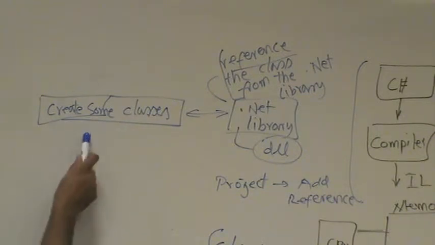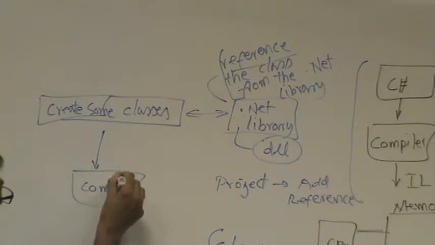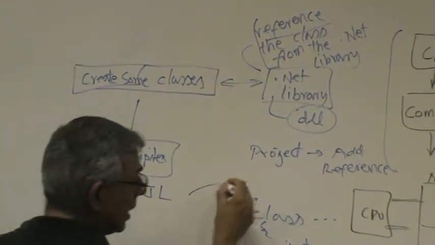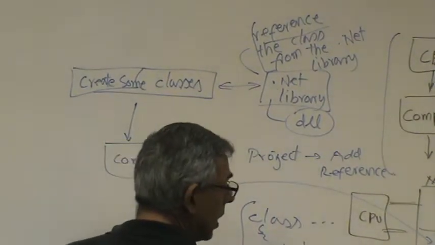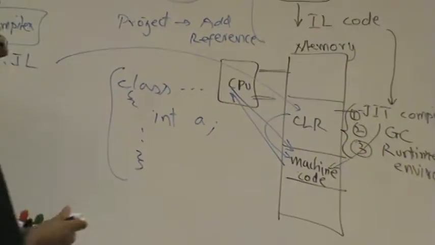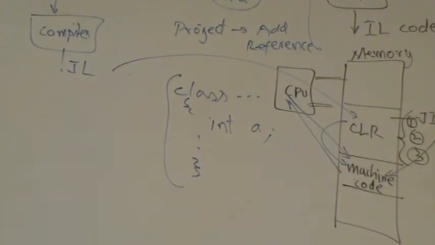Anyway, we pick some classes from the .NET library, create some classes of ourselves, then we pass it through a compiler. And just like we discussed, this will create IL code, and then the CLR will read it, convert it to the machine code, and then the CPU directly executes the machine code, right? So that's the execution environment under .NET.